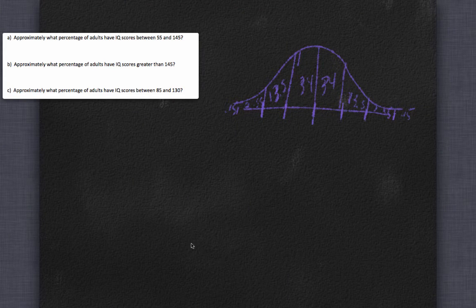So approximately what percentage of adults have IQ scores between 55 and 145? Well, here's 100. This is adding 1 standard deviation, adding 1 standard deviation, adding 1 standard deviation, subtracting 1, subtracting 1, subtracting 1. So between 55 and 145, that's from -3 to 3, so that's 99.7.